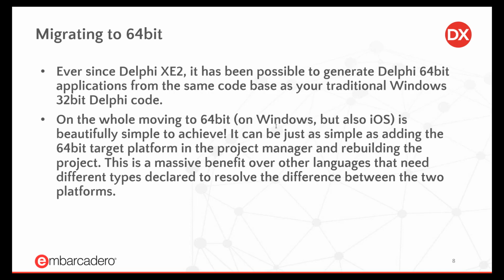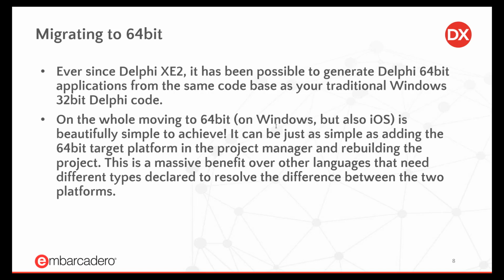Okay, so let's go back to our presentation. And let's talk about migrating to 64-bit applications. This was done in Delphi XE2, and the functionality was to add the ability to create with the same code base and without that many changes.